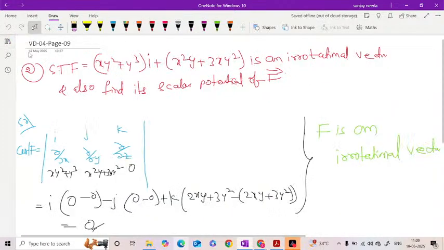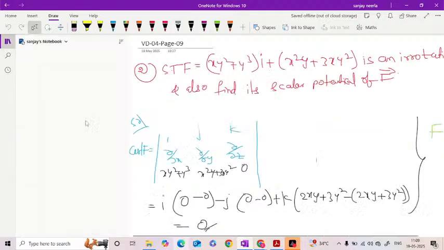Okay, so the second problem is to show that this is an irrotational vector. Irrotational vector means you have to find the curl f and prove that curl f is 0. So for this problem curl f is 0, so this given vector is an irrotational vector, and the sub-question is also find its scalar potential field.